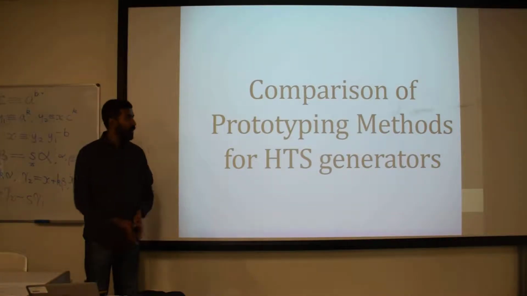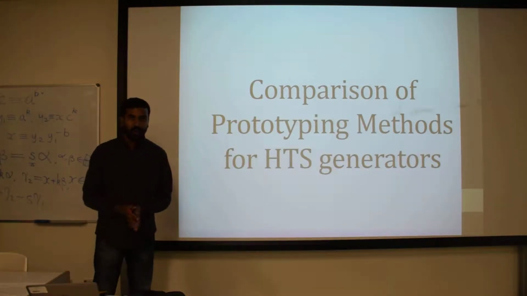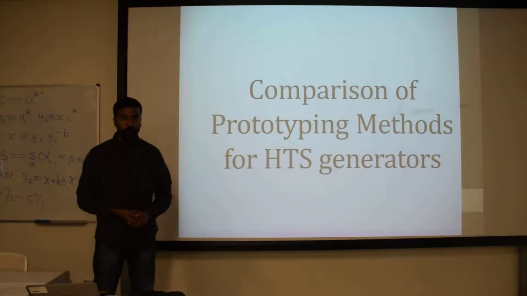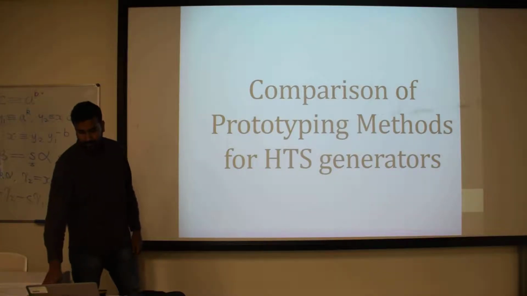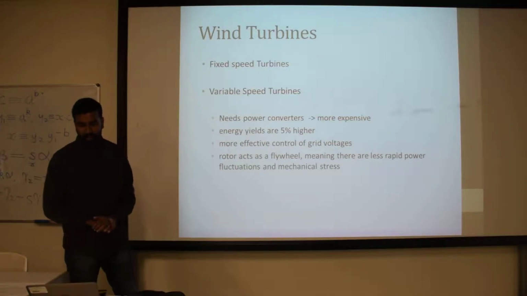Hi, today I'll be taking you through my research project, which is the comparison of prototyping methods for HTS generators. Firstly, we have two types of wind turbines, the fixed speed turbines and the variable speed turbines.